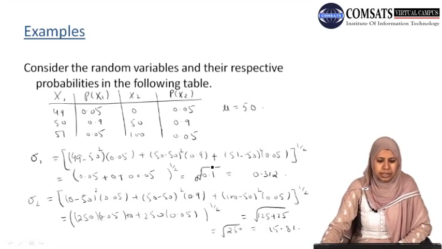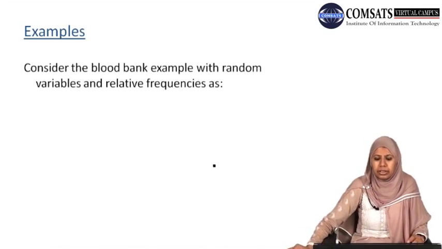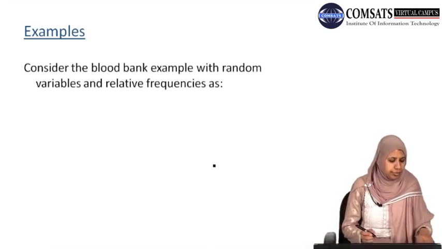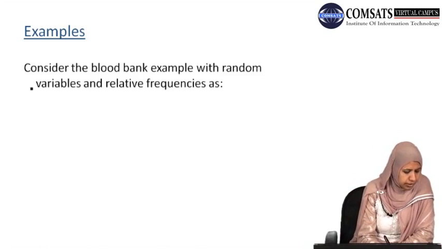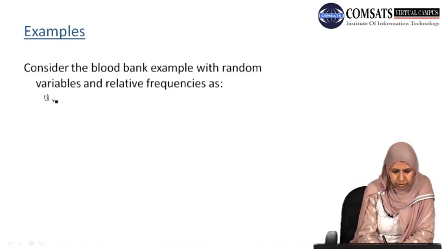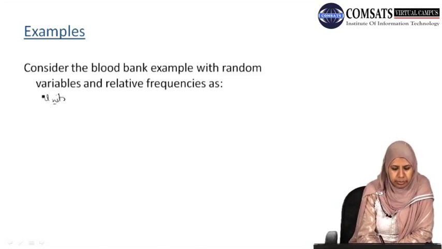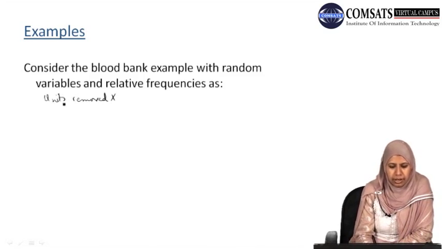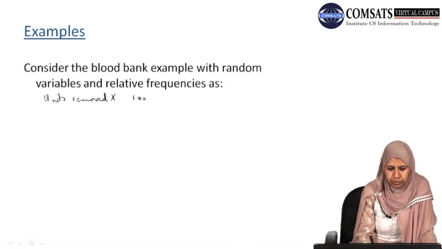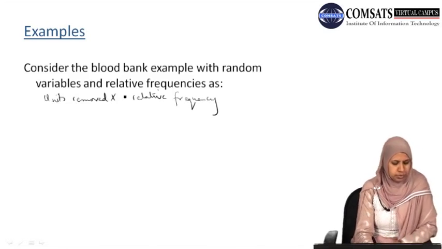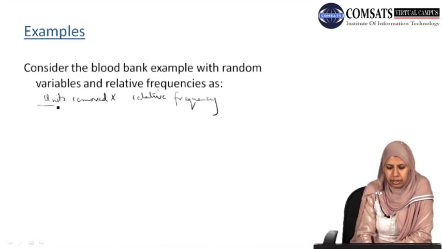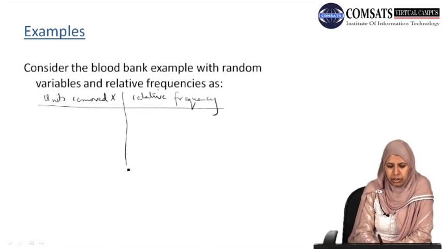We consider one more example, of the blood bank, with the random variables and relative frequencies given as the possibilities of the random variables, where the random variable is the units removed, x, and the relative frequency was calculated.